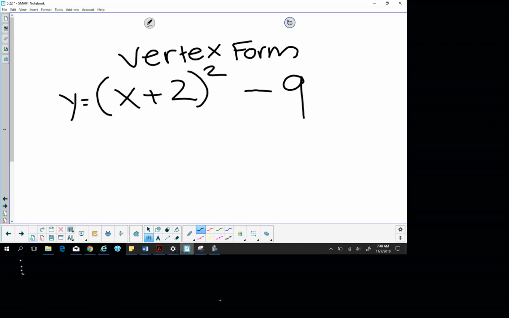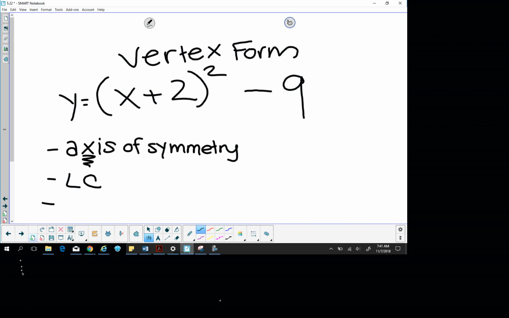In vertex form, what's given? The A. What do we call that? Leading coefficient. We are given the leading coefficient. We're also given the axis of symmetry, which is the x coordinate of your vertex. And also what else?